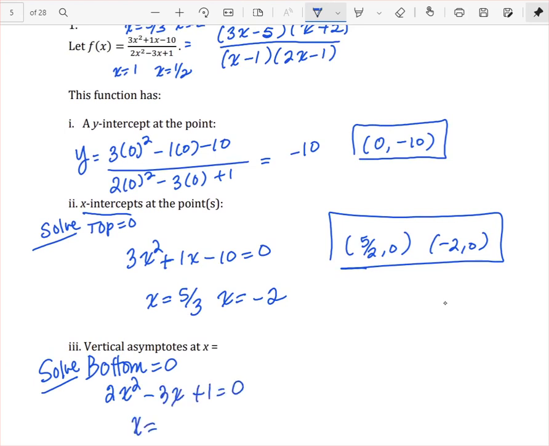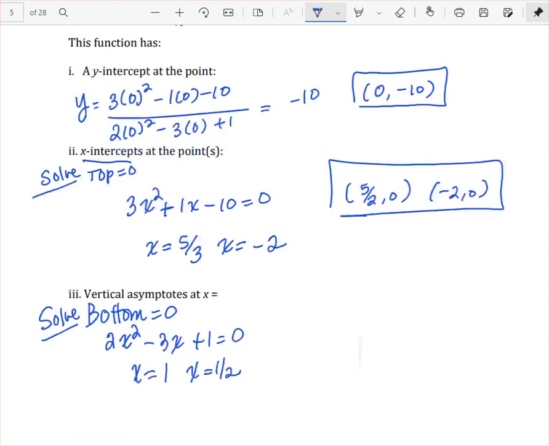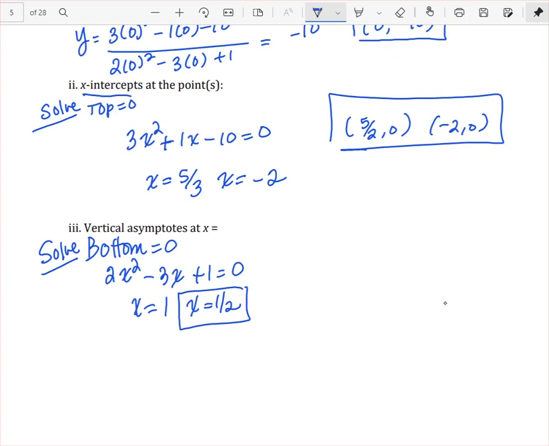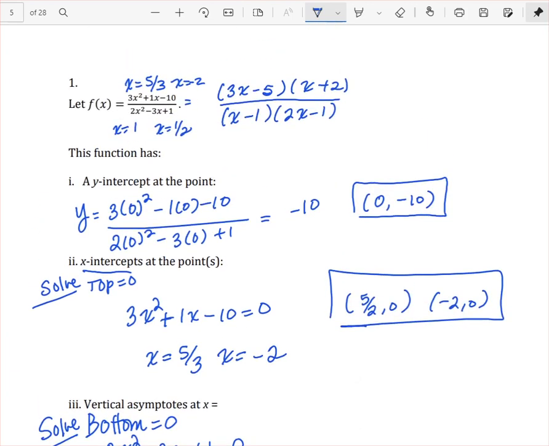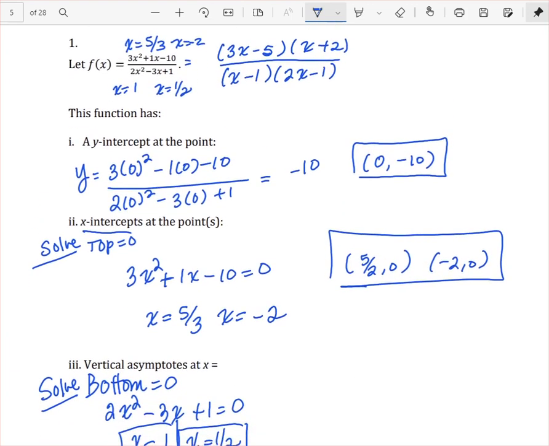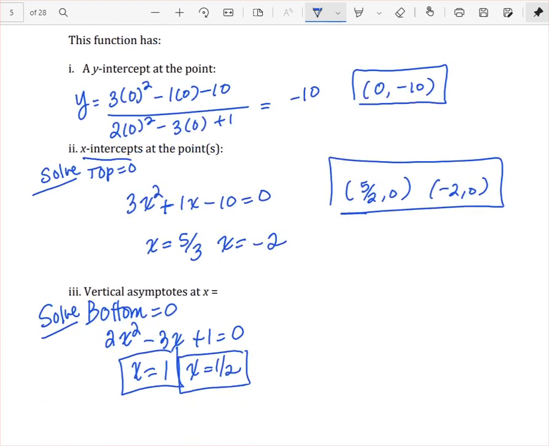And we got x equals 1. These are your asymptotes, those answers that you got from the bottom. So see, even though nothing canceled when we factored, we kind of already did a lot of the solving because we had already solved the top and bottom separately.